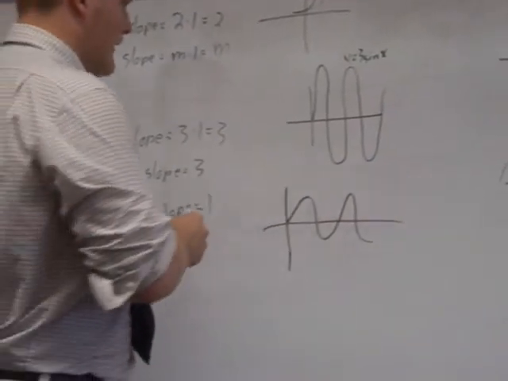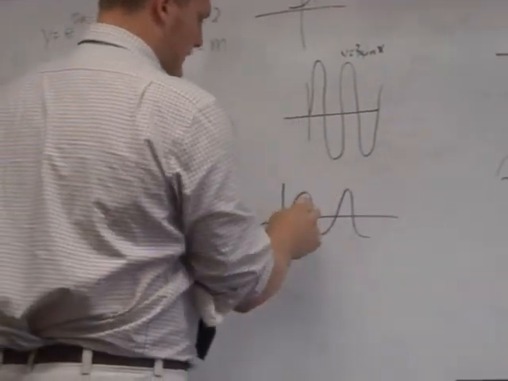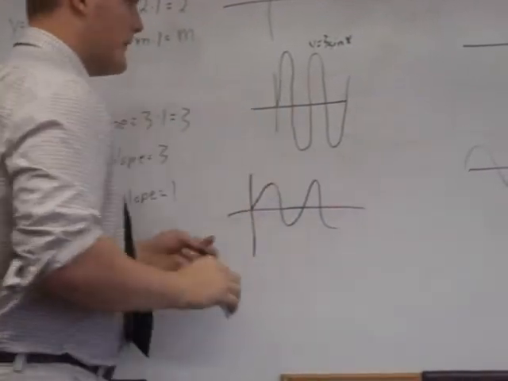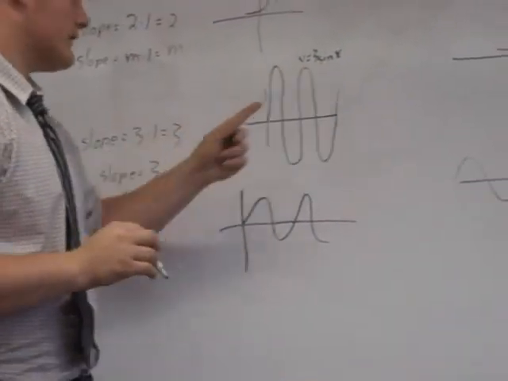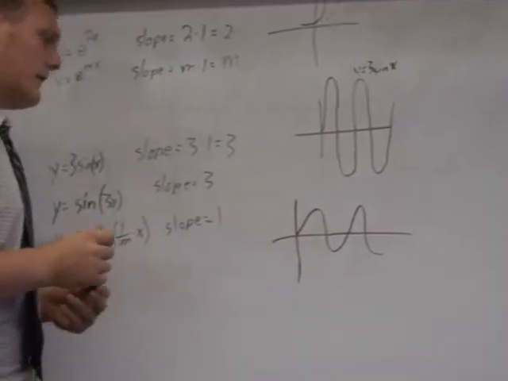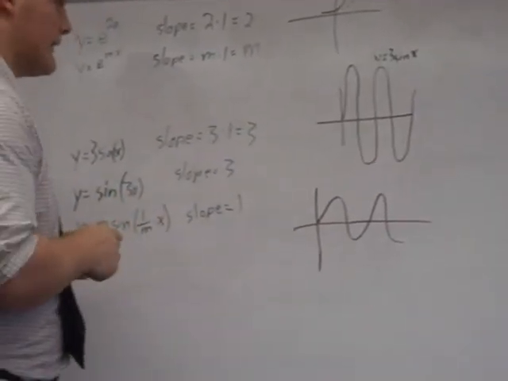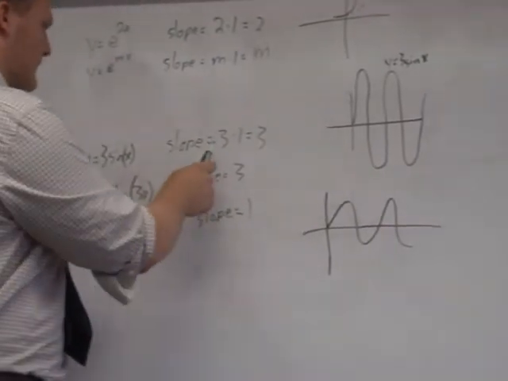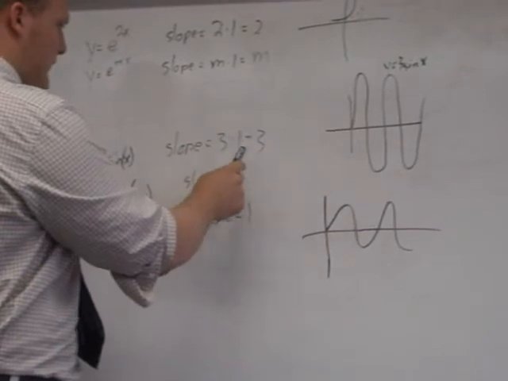Compared to the sine graph, it has a much steeper slope by the factor that it was altered, so the slope is going to be equal to 3, because it was extended by a factor of 3, so the slope is 3 times 1.